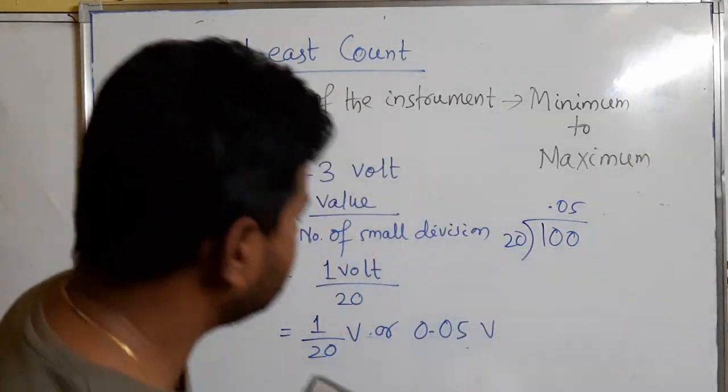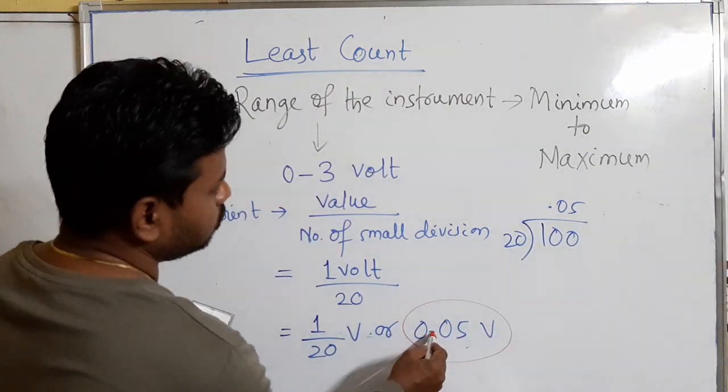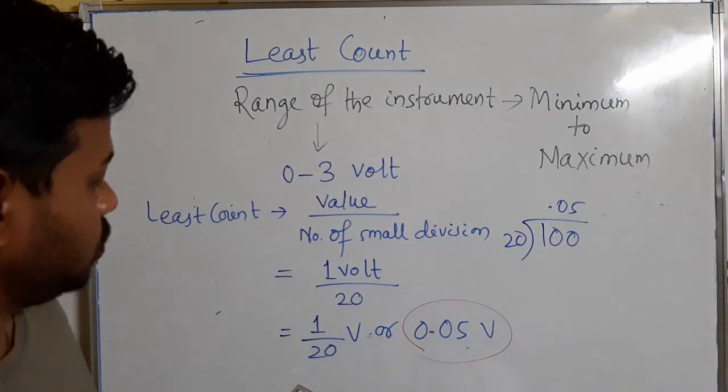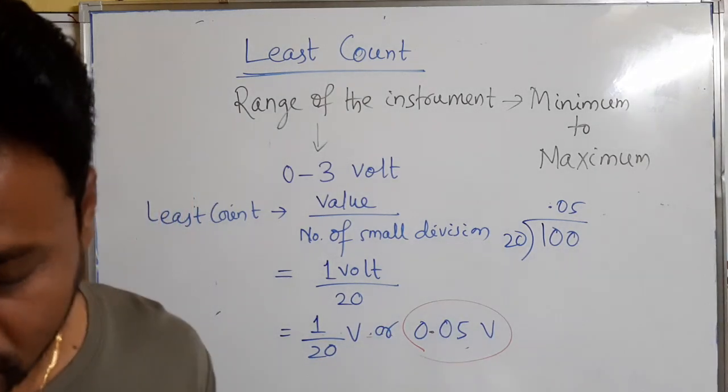So this will be the least count, 0.05, not 0.5, 0.05. We divide it, and it forms 0.05 volt.